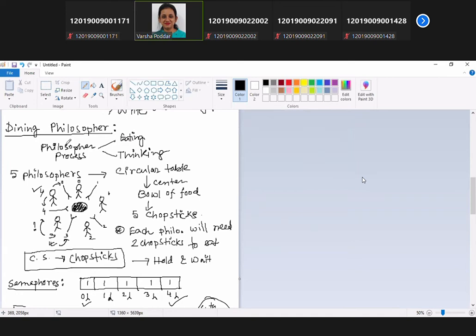In the middle of the table, there is a bowl. While I am trying to eat, I will be using sticks. Now, every philosopher has one chopstick on their right-hand side.